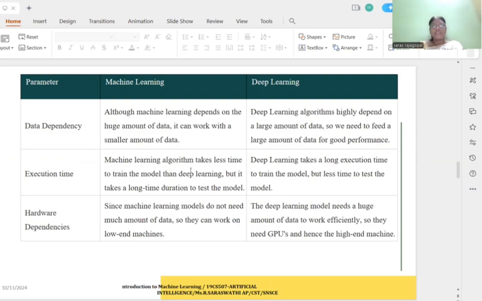Execution time: machine learning takes less time to train the model than deep learning, but it takes a long time to test the model. Deep learning has a long execution time to train the model, but less time to test the model. Since machine learning models do not need much data, they can work on low-end machines. But deep learning needs a huge amount of data to work efficiently, and needs more than a CPU, a high-end machine.